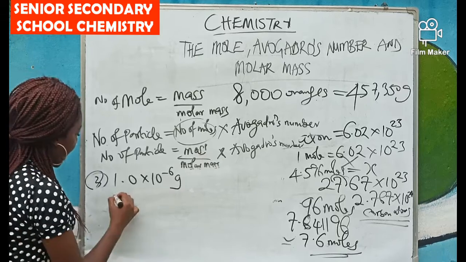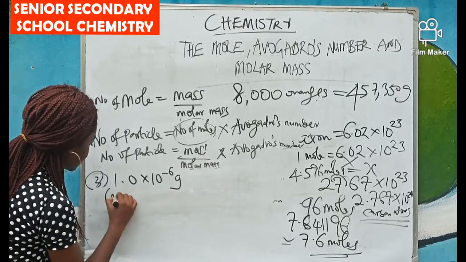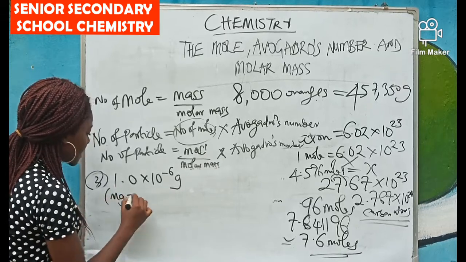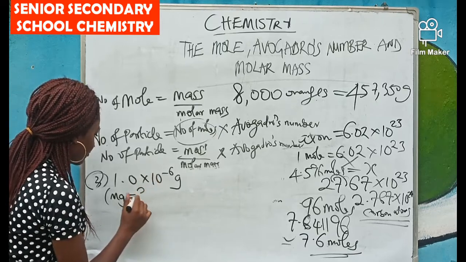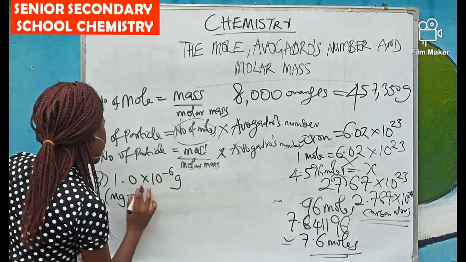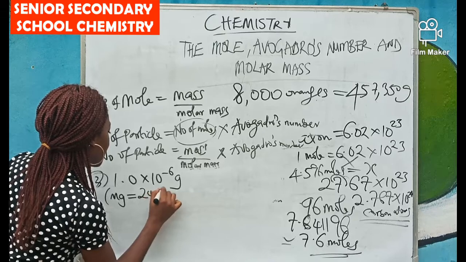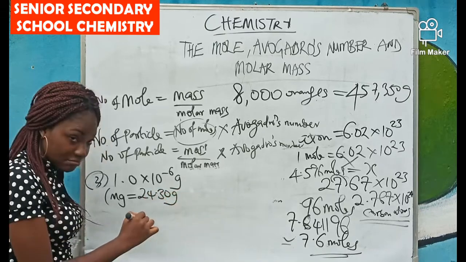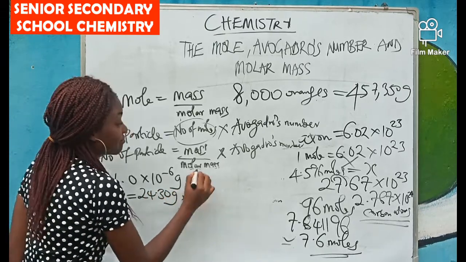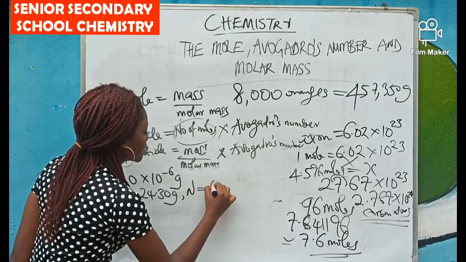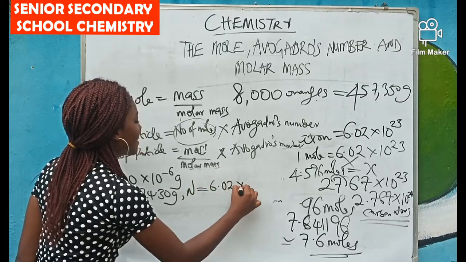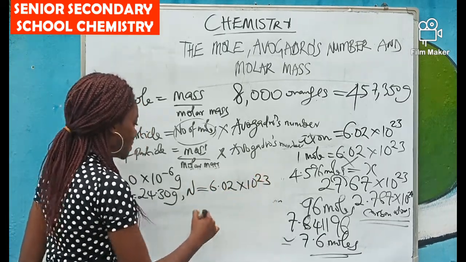So I have that magnesium from my periodic table has a mass of 24.30 gram, and my Avogadro's number is equal to 6.02 times 10 raised to the power 23.